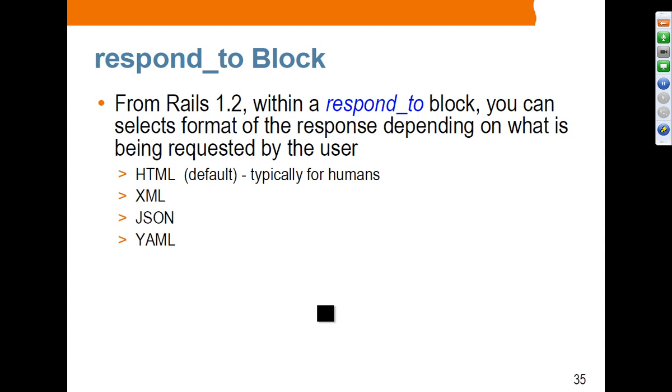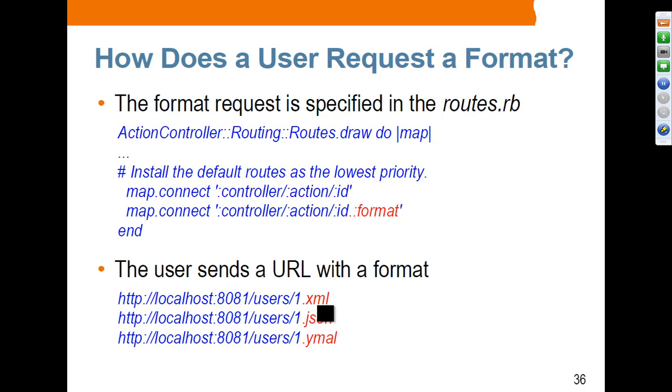So let's see the code. In the routes.rb file, the format can be specified. The user could say .xml, .json, .yaml, or whatever.